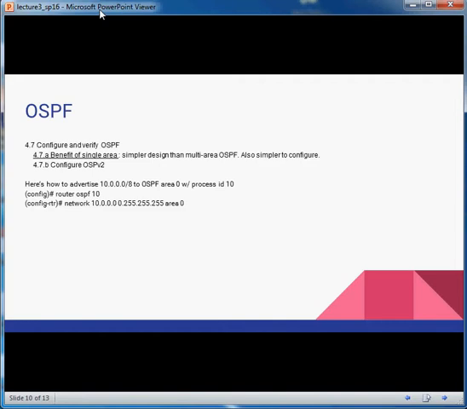This is the same idea with any routing protocol. In order to advertise them out, we have to do a particular configuration, and depending on what routing protocol you use, the configuration could be slightly different.